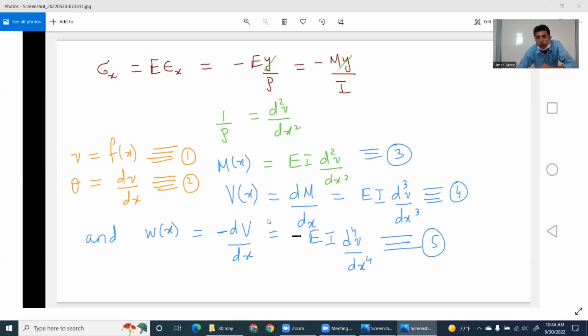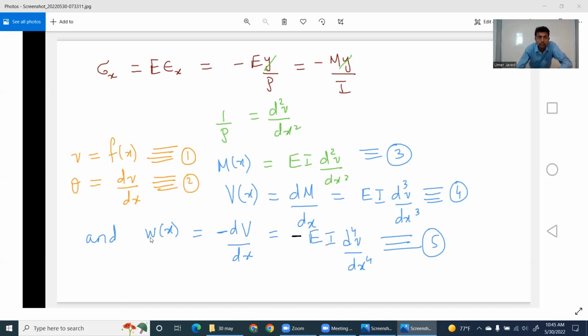Have you seen this expression before in your life? This one, I think you should have. In your statics course, I'm not sure whether you remember it. They used to teach you that V is equal to dM by dx. You used to make that bending moment diagram. Do you remember that? And when you used to take the derivative of it, that was your V. Does it ring bells? It does. In statics, they used to tell you.